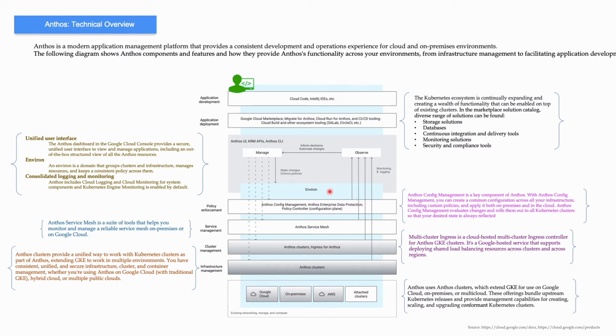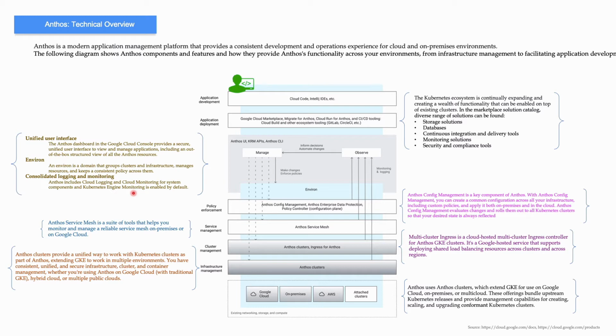It's just an arbitrary or logical grouping of clusters, depending upon whether these clusters are for internal or external use, for different business units, different domains, that sort of thing. And then you have consolidated logging and monitoring. Anthos includes Cloud Logging and Cloud Monitoring for system components, and Kubernetes Engine Monitoring is enabled by default.